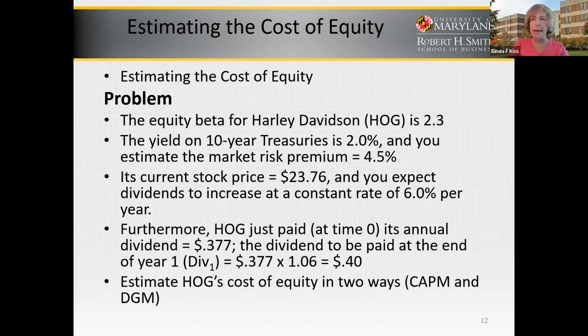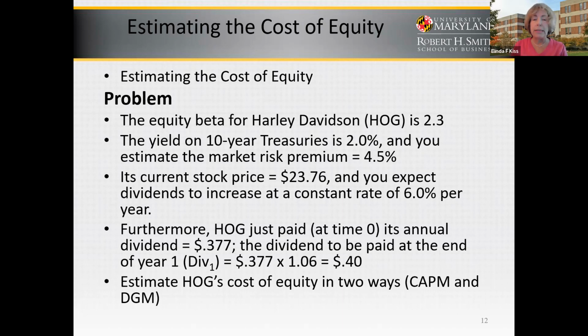The equity beta for Harley-Davidson, whose ticker symbol is HOG, is 2.3. The yield on 10-year treasuries is 2%, and you estimate the market risk premium is 4.5%. Further, HOG issues next year an annual dividend of 40 cents.